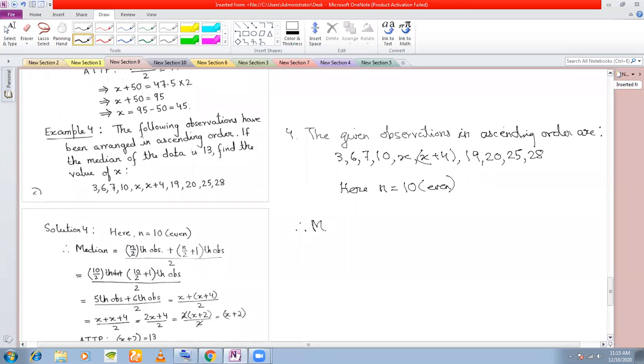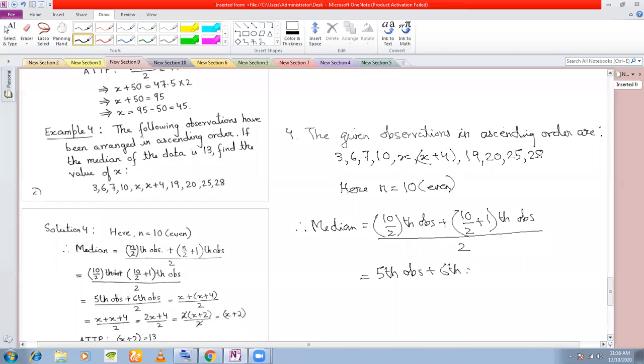Therefore, the median must be the 10 by 2th observation plus the 10 by 2 plus 1th observation, whole divided by 2, which is equal to the 5th observation plus the 6th observation divided by 2.